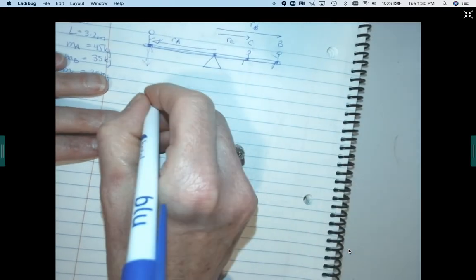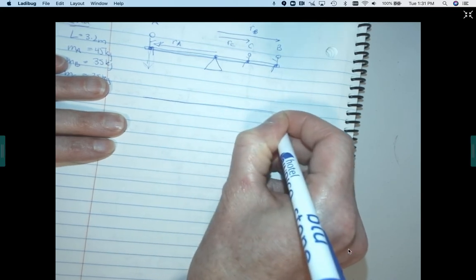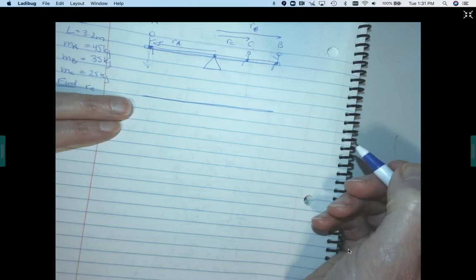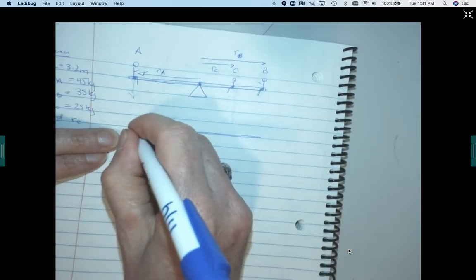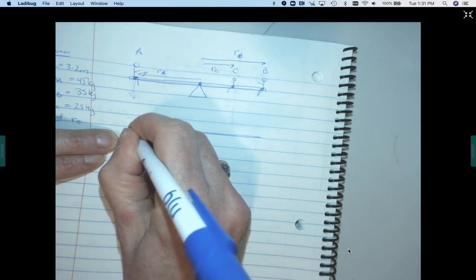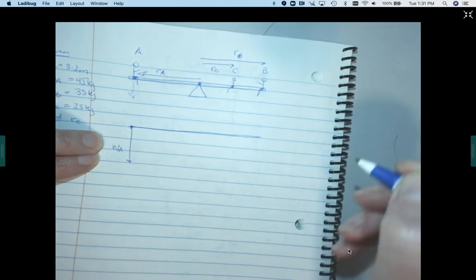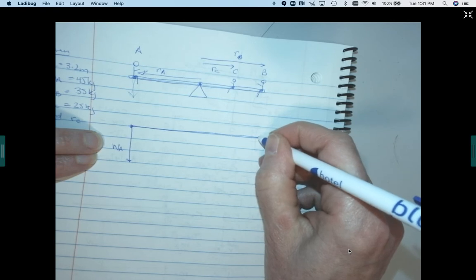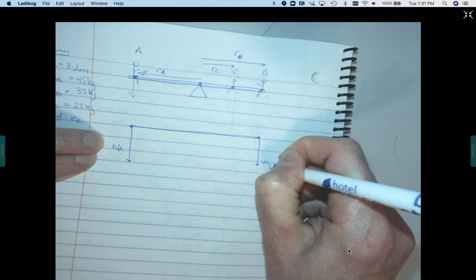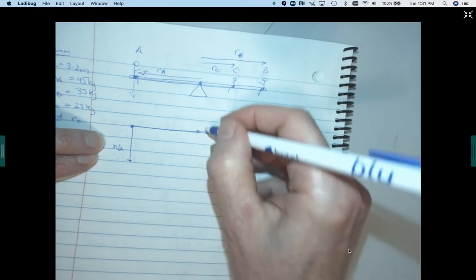Now we want to draw our extended free body diagram. So we're just going to draw this as flat. We have a force applied at one end, and we'll call it the weight of A. And then we have another force applied here, the weight of B. Then this is my origin, right in the middle of the board.